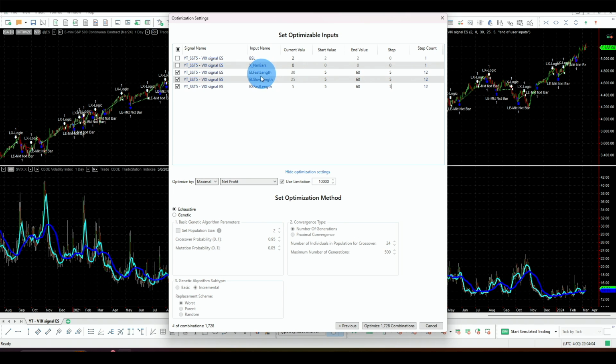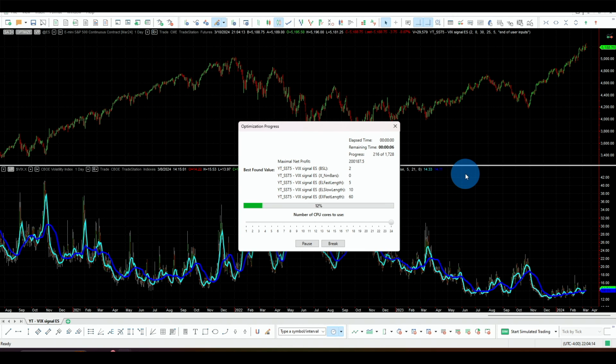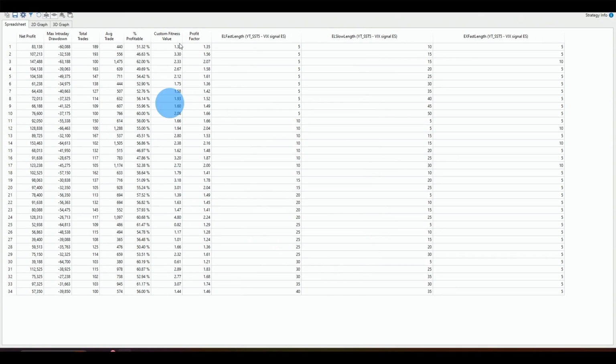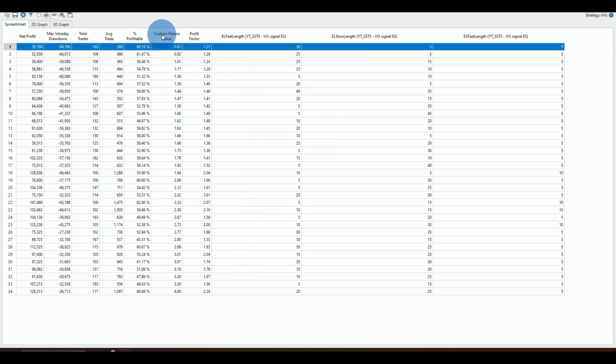Because remember, these two moving averages are for the entry and this moving average is for the exit. So again, we're optimizing from 5 to 60, step 5, about 1,700 strategies. So out of 1,700 strategies, I filtered 100 trades and $100 moving average. I have 34 strategies that are doing really well. And if I sort return to drawdown, I have 4.8.